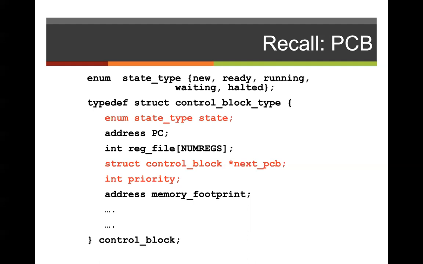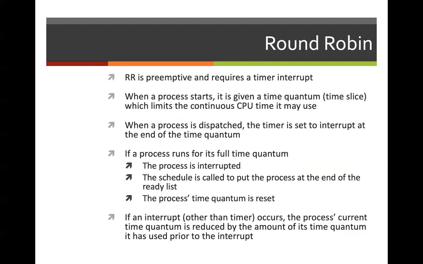And so when we take a look at our process control block, we have our state type and we have the PCB, as well as the priority that we need to take into consideration. And so a round robin approach is going to be preemptive, and it does require a timer interrupt.